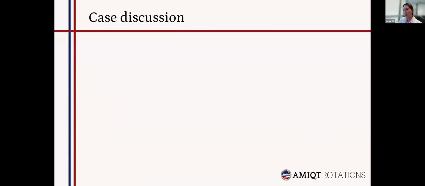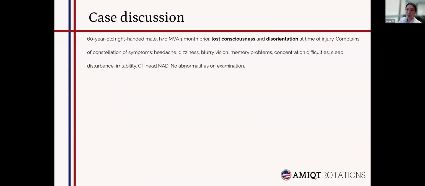Now, I understand we've discussed quite a lot about mild traumatic brain injuries, so I'd like to bring it back to the case that I presented in the beginning of my presentation. Just as a reminder, we had a 60-year-old right-handed gentleman with a history of a motor vehicle accident occurring 1 month ago. At the time of trauma, he lost consciousness and was disoriented.